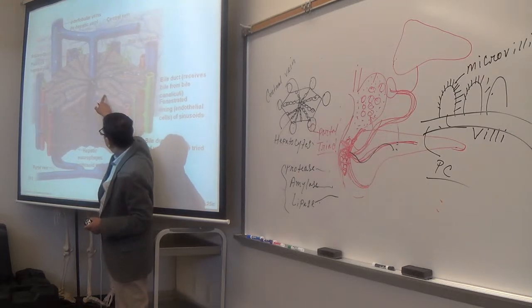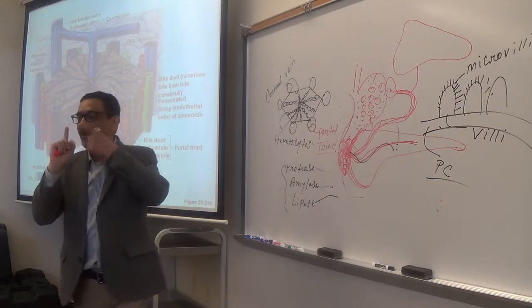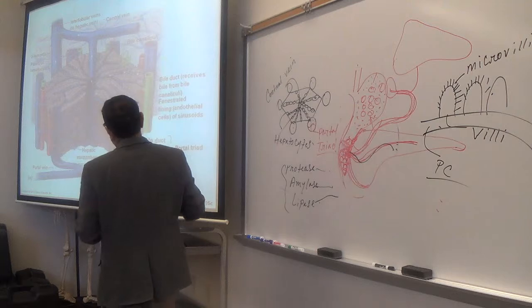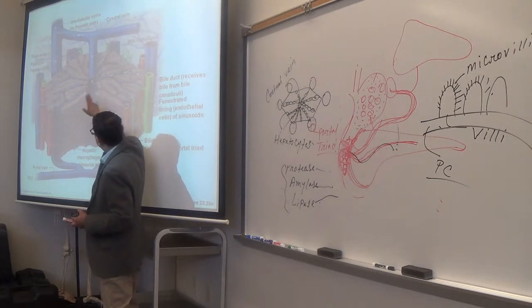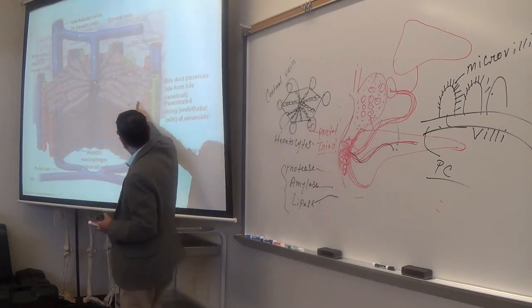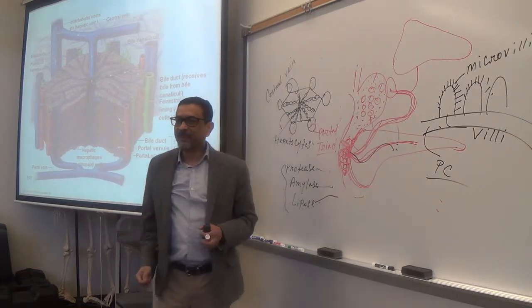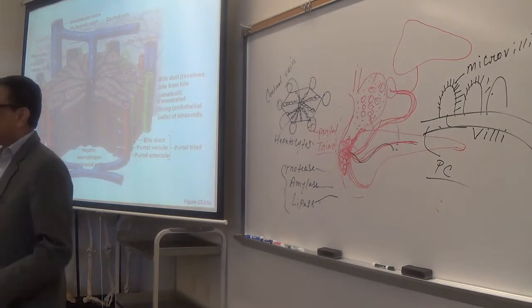So, bile canaliculi attached to each cell. You see how beautifully, right? And they collect the secretion from each hepatocyte and bring it into the bile duct here. Make sense? So those are tiny branches of bile duct.